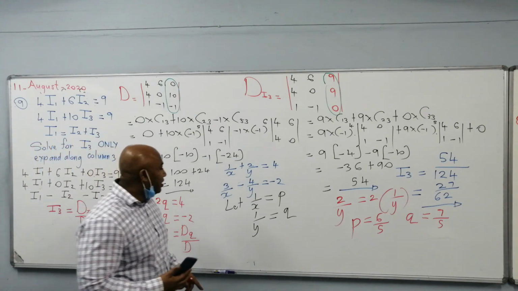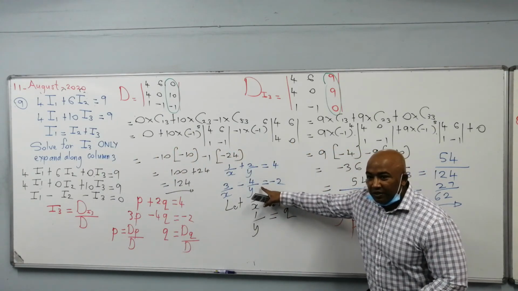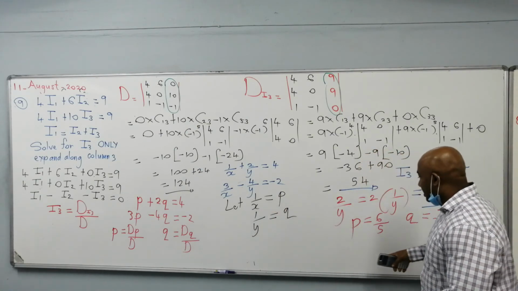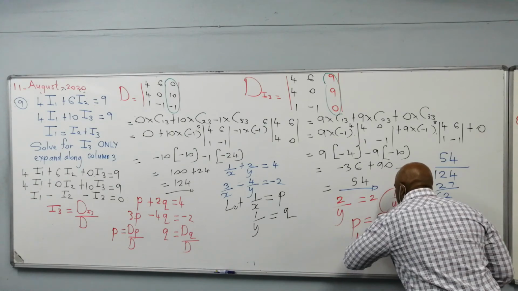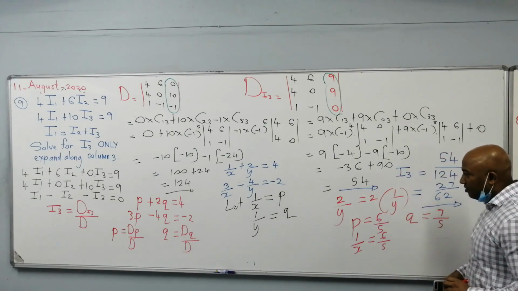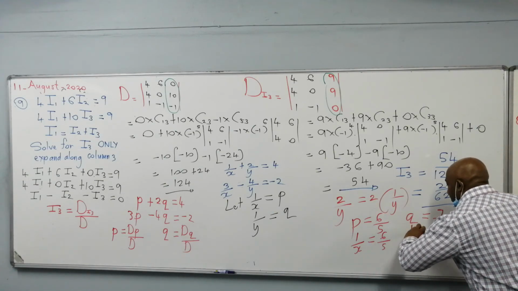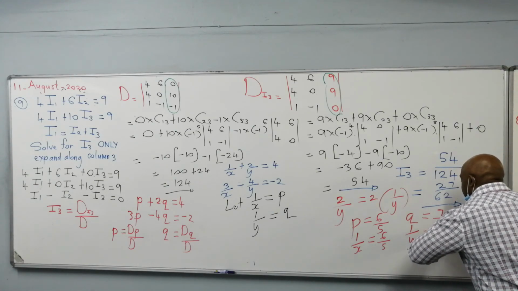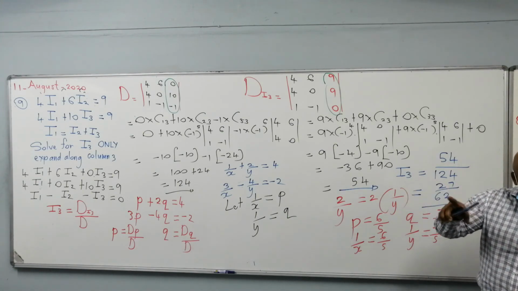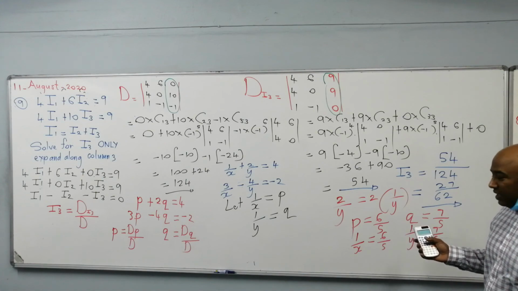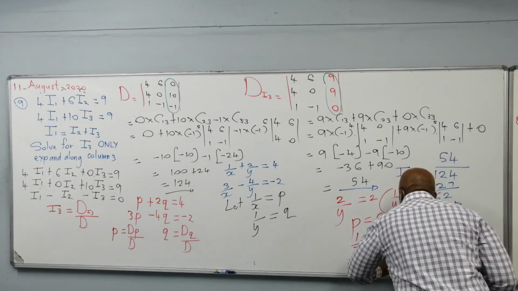So now, what do I know about p? I know that p is equal to 1 over x. So that means, in place of p, I must write down 1 over x is equal to 6 over 5. And then q is equal to 7 over 5. In other words, 1 over y is equal to 7 over 5. Now I have a simple equation. If I invert the left hand side or cross multiply, however you want to do it, x over 1 is equal to 5 over 6.